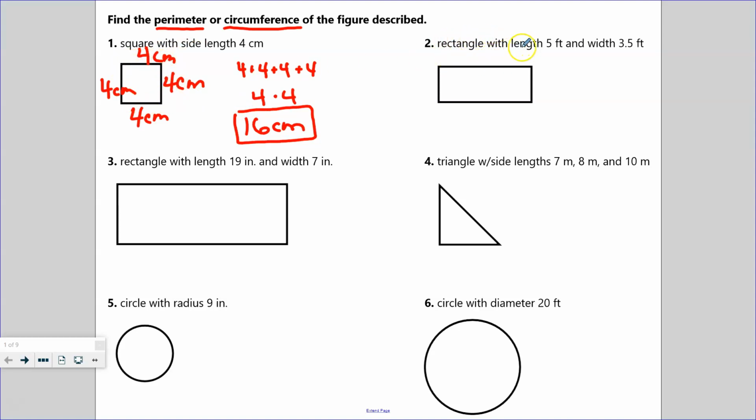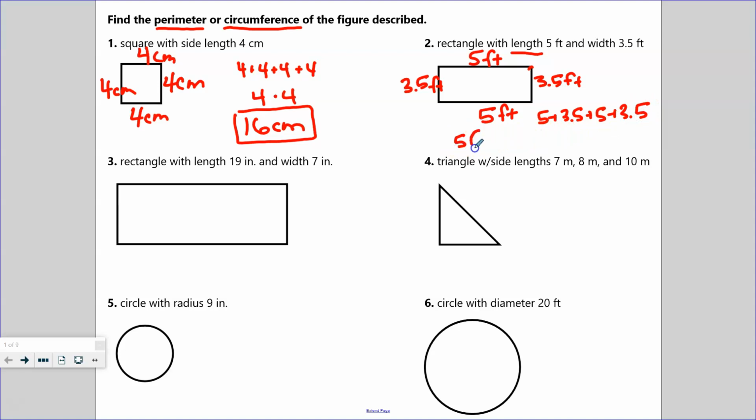All right, so the rectangle with the length of 5 feet, right? So there's a little bit different sides, right? And the width of 3.5 feet, right? Now the area would be 5 times 3.5, and that would be the space inside this. But we're doing the distance around, right? And so we will just simply say 3.5 there. So if we start here and we walk ourselves all the way around this rectangular shape, we would be 5 plus 3.5 plus 5 plus 3.5, right?